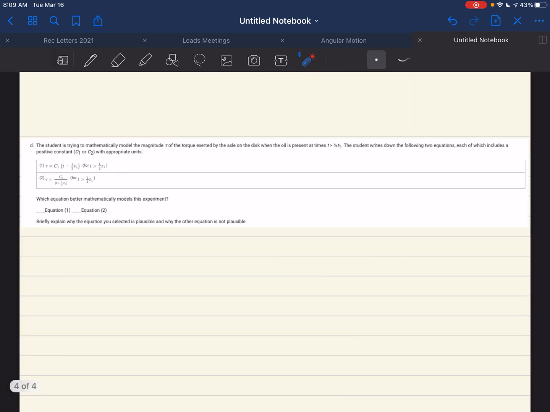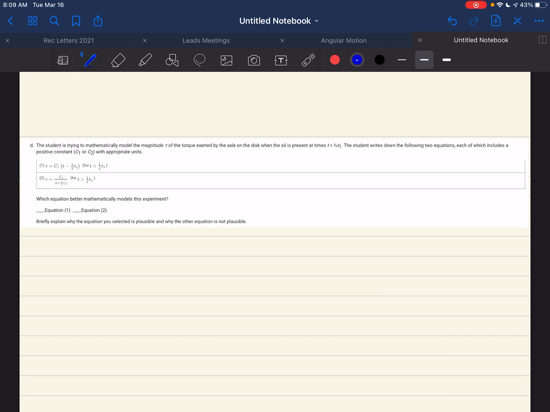Okay, last part. The student is trying to mathematically model the magnitude tau of the torque, and the student gives these two equations, and we're supposed to figure out which one of these makes more sense. I think the best way to do this is to look at the end behavior.